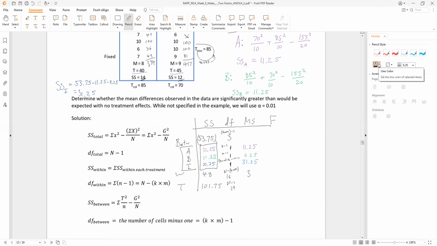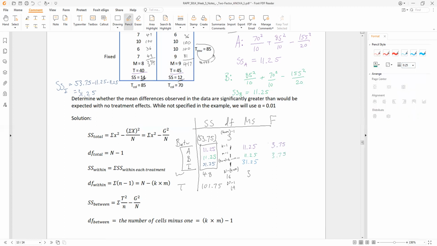Okay, so then we're going to get these 3 different F's, right? 11.25 divided by 3 is 3.75. And then, of course, 11.25 divided by 3 again is going to be 3.75 again.